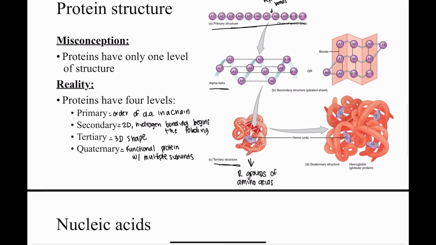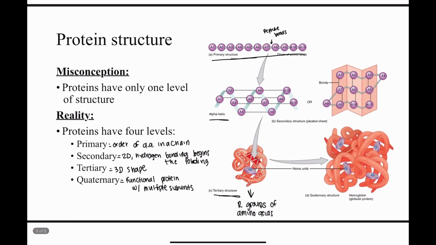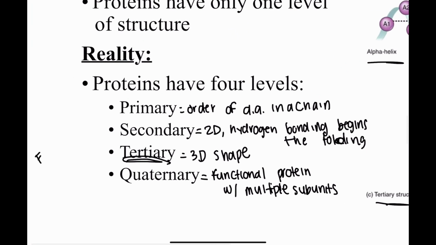And a very important note that I want to make is that not all proteins require the quaternary structure to be active. Some proteins are actually functional once they achieve their tertiary structure. So function begins at the tertiary structure for select proteins.